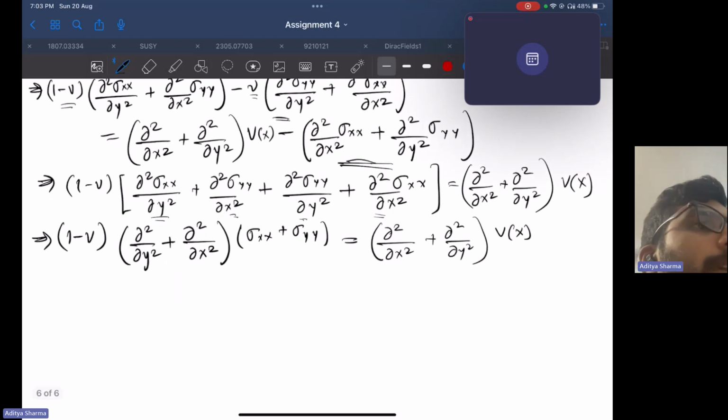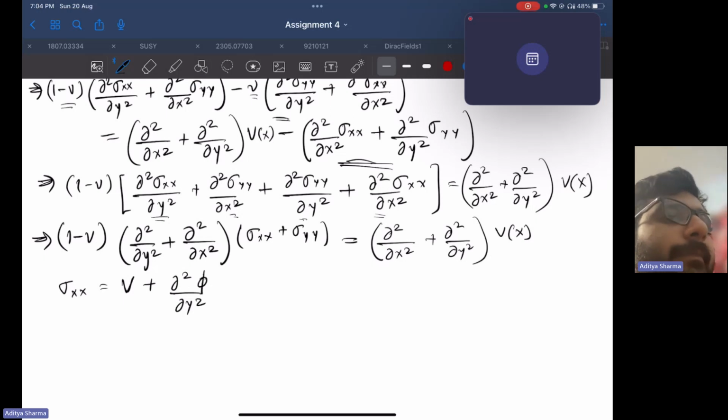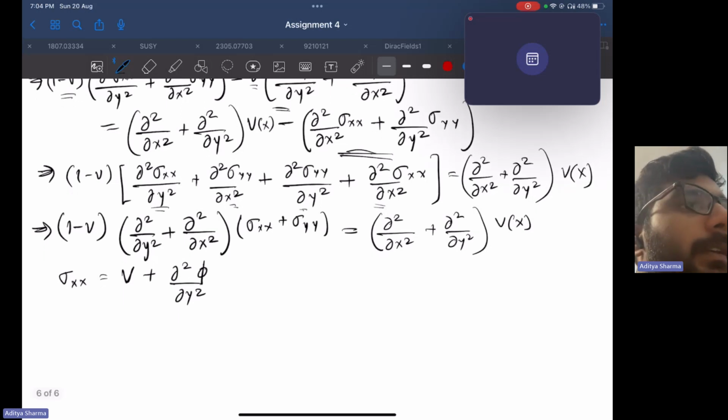Now we wrote the general function which applies to this, right? So we can just use that and substitute this here in sigma x and sigma y. This is the potential. Similarly, y is the same.